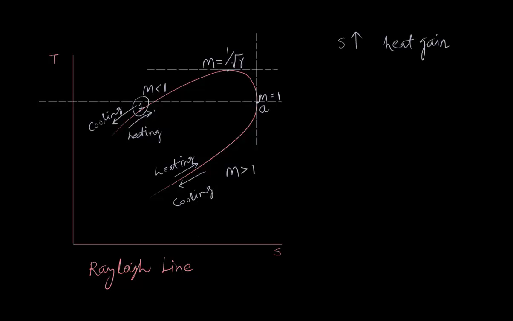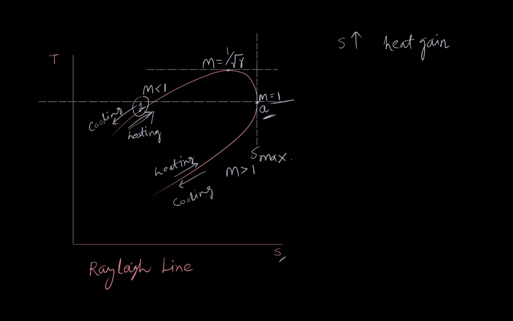You can see that with heat addition, entropy S is increasing, and at point A, entropy S is maximum. So point A is the point of maximum entropy.